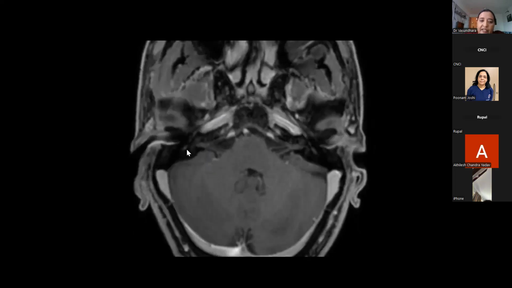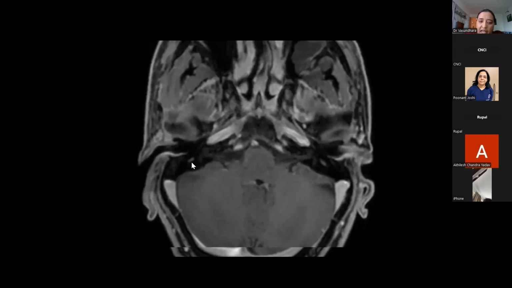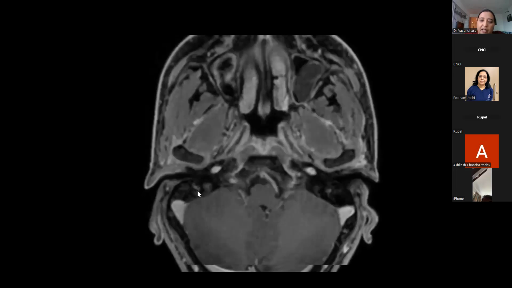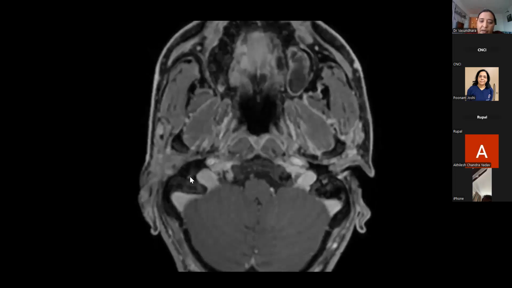It takes the next bend, that is the mastoid segment, and comes down vertically as a dot in the mastoid segment. And there is always the opposite side to compare if there is any abnormal enhancement. It will come down and come out through the stylomandibular foramen.